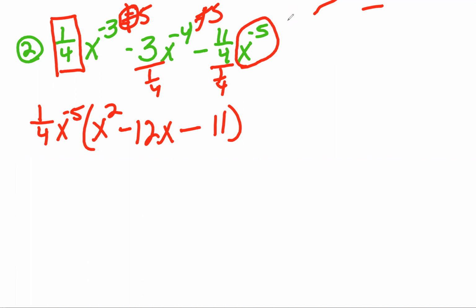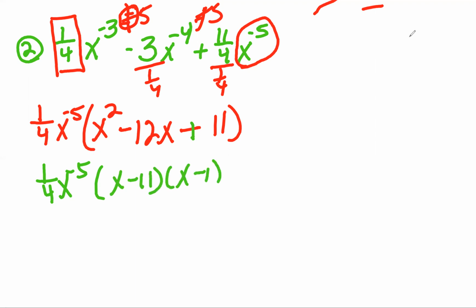But if I were to change this to plus, and then that becomes plus 11, then I can redo this problem. So that gives me x minus 11 times x minus 1. And I don't want to leave necessarily a problem that looks like this, so I can keep this.